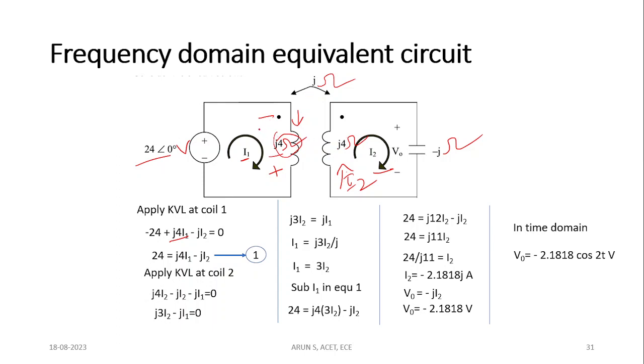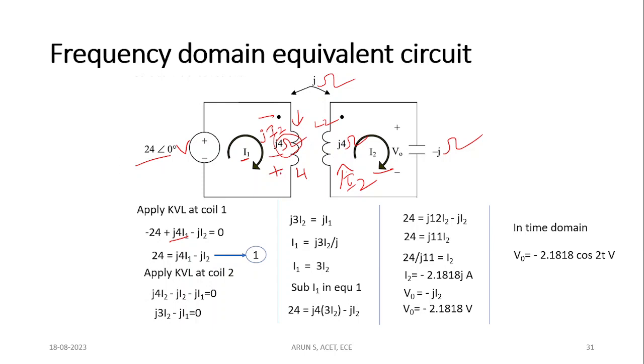We have mutual inductance multiplied by the current, because the current is I2. Let us take this as L1 and this as L2. Due to current I2 flowing through L2, there is a voltage generated across L1, and this polarity is mentioned based on the dot convention.